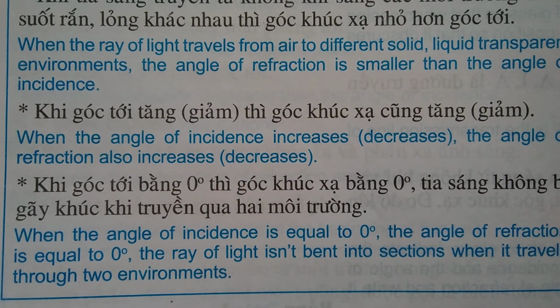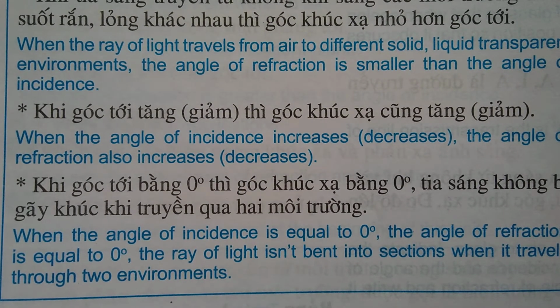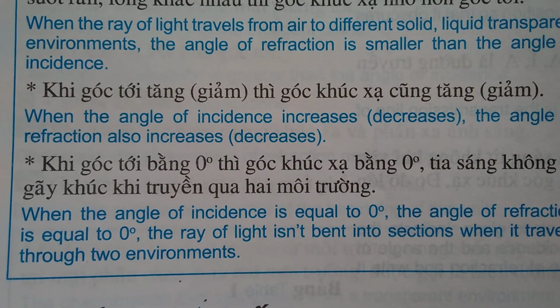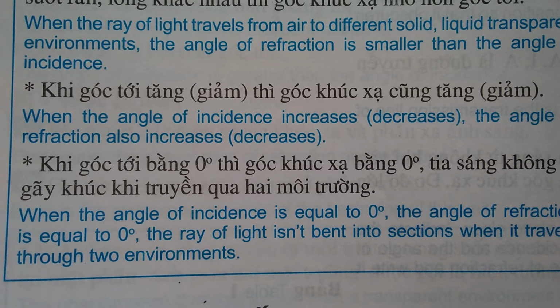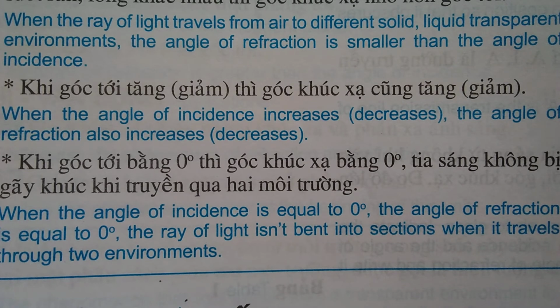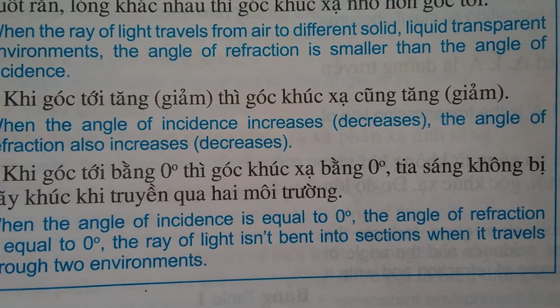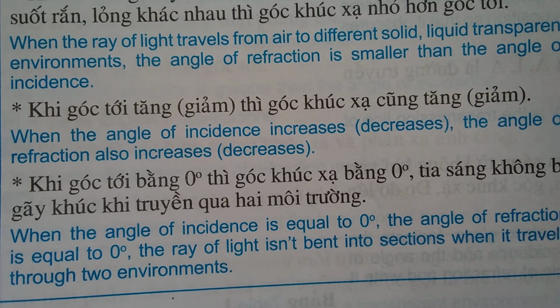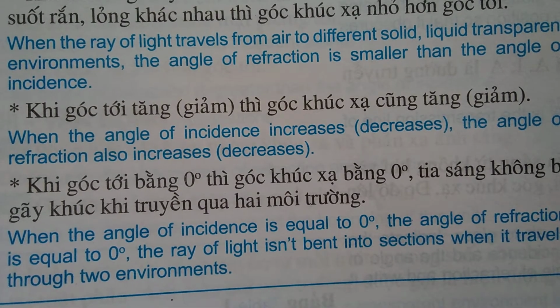When the angle of incidence is equal to 0, the angle of refraction is equal to 0. The ray of light isn't bent when it travels through two environments.